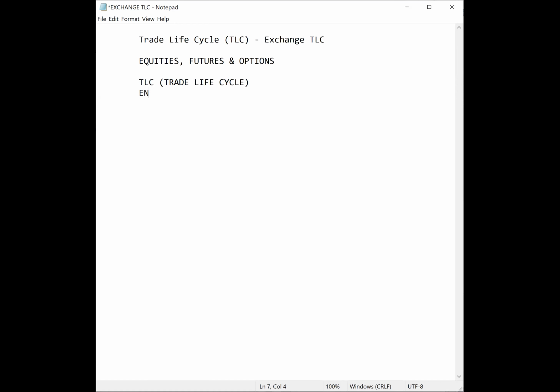See guys, it is the entire process a trade goes through, right from trade initiation to trade settlement. That entire process is known as a trade life cycle.